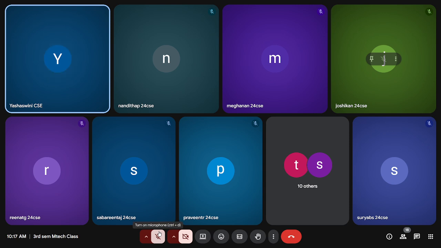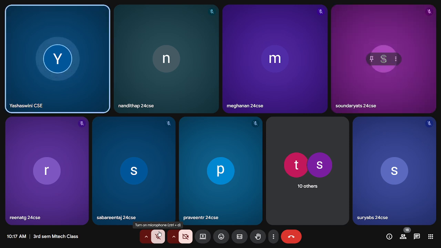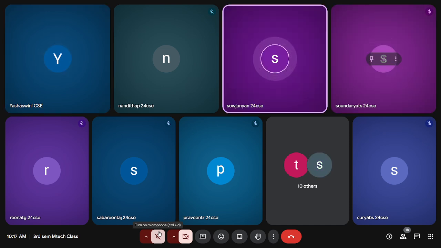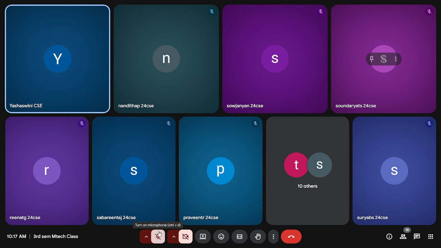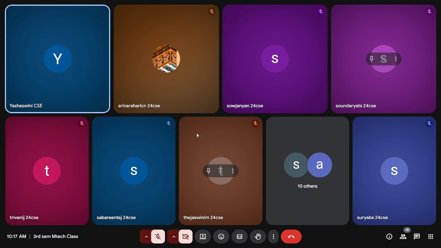Sheila, Shilpa, Srinidhi, Saundarya, present, ma'am. Saujanya, present, ma'am. Narahari, yes, ma'am. Surya, Tejaswini, present, ma'am. Triveni, present, ma'am. Vishwas.